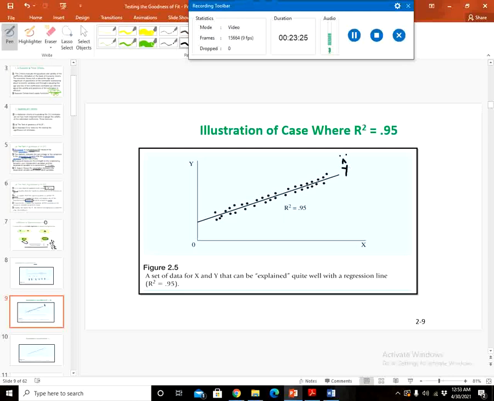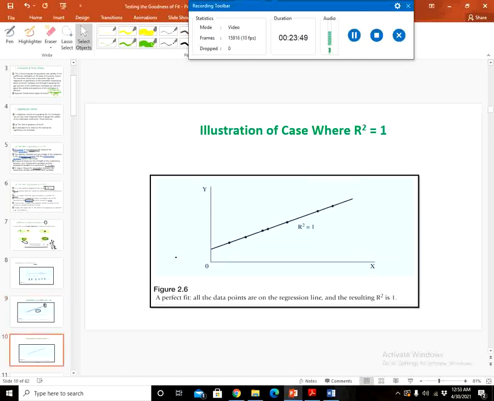So the common variation between x and y is very high, and the R square of the model is about 0.95, that is the best model.